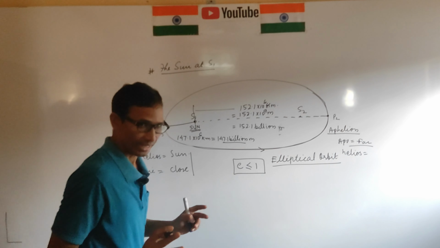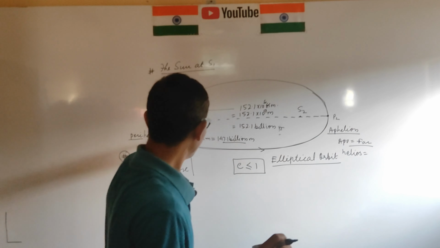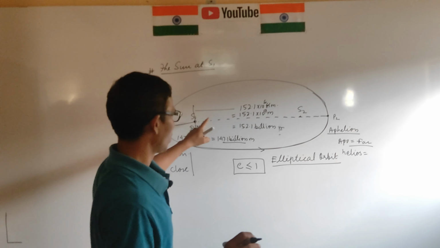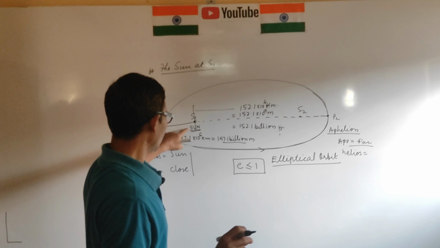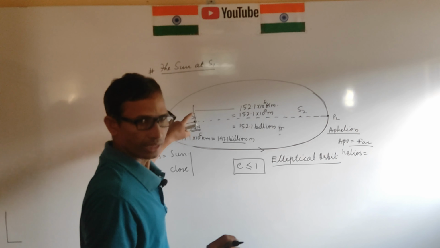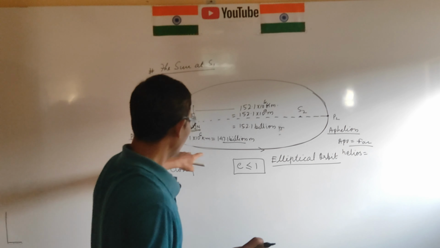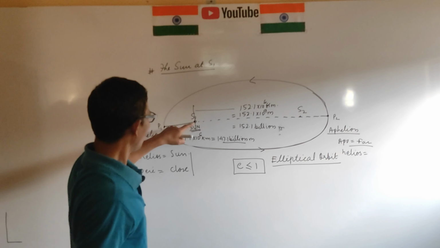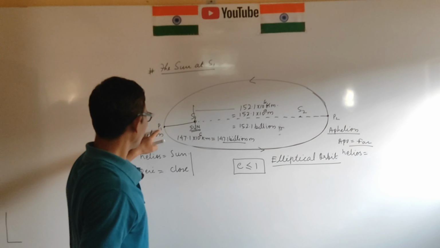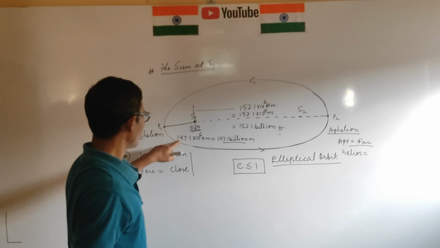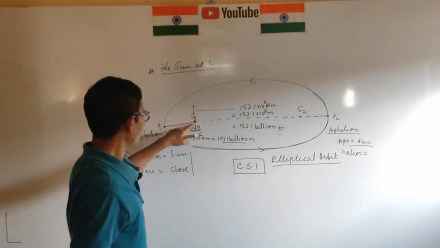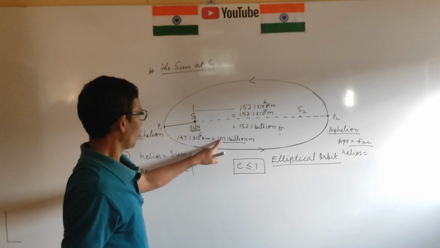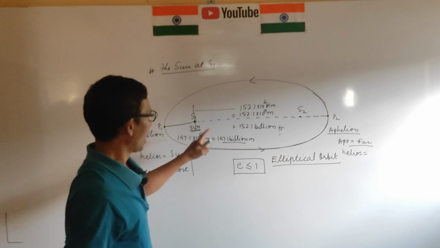Suppose the earth is revolving with the sun at one focus, S. Then its elliptical path will be like this, and here the sun is present. P1 is the perihelion point, and its distance from the sun, between P and S1, is 147.1 billion meters.